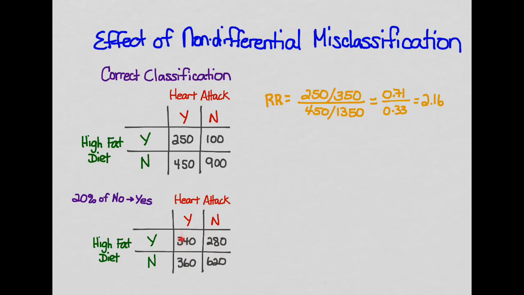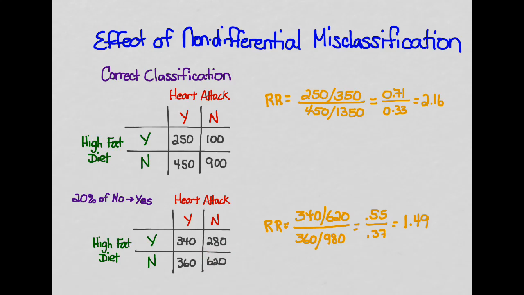Here are the numbers after we've introduced this misclassification of 20% of no's turning into yeses. Now let's see what happens to the relative risk. Here we can see the relative risk reduces or gets closer to null, null being 1, after we've introduced this misclassification bias.